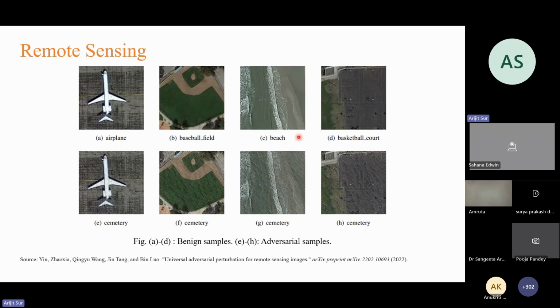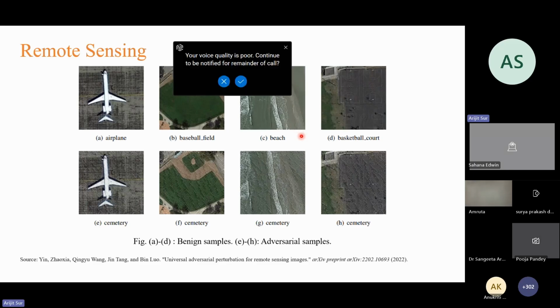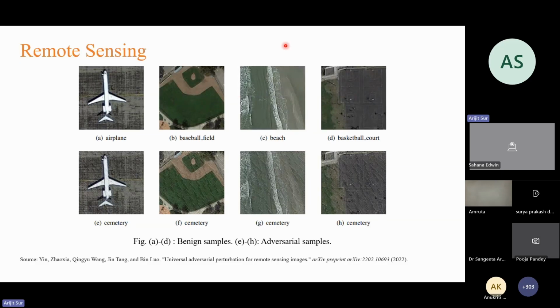Here it is very important because there are a lot of issues. You can see that ISRO or our defense organizations have a lot of this kind of thing. ISRO mainly does weather forecasting and different hazard management.